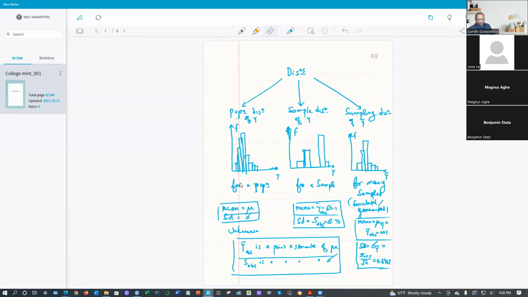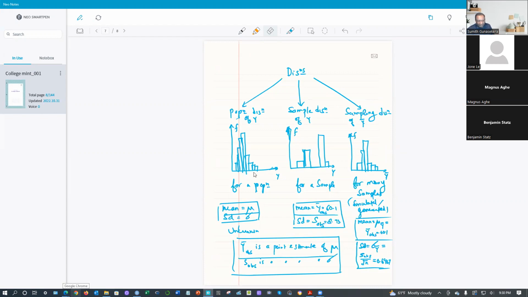Normally we have no clue about the population distribution. But when you throw a die, in that particular example, you have a clear idea about what the population distribution looks like, how the sample distribution looks like, how the sampling distribution looks like. That's why they have selected that particular example.